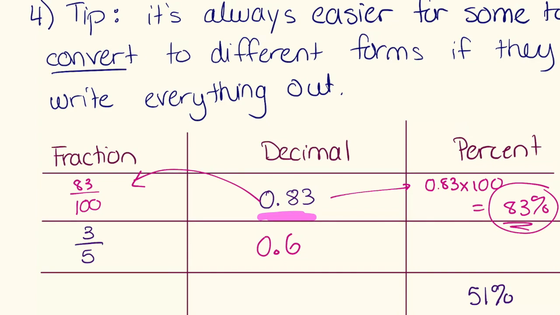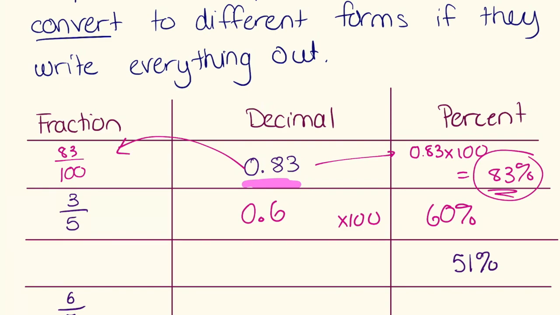That's easy for me because I've been doing it, but 0.6 is the same thing as 60% if I do this times 100, moving my decimal place over 2 times, and you get 60%. For the next one, I have 51%. And now again, it's up to you. Maybe you're comfortable and you know that this is going to look like this.